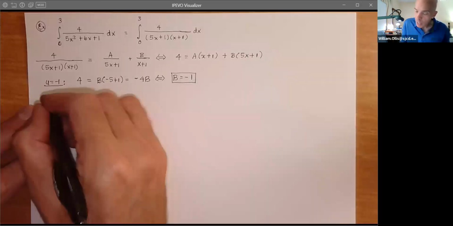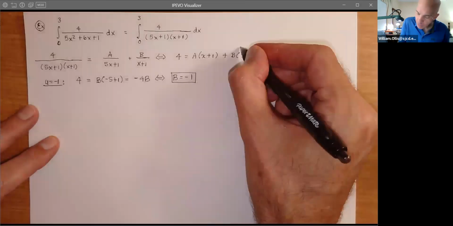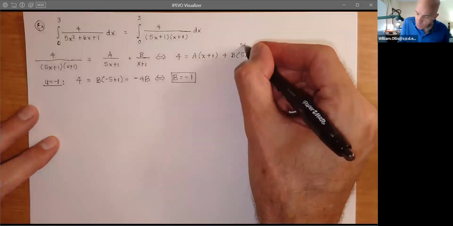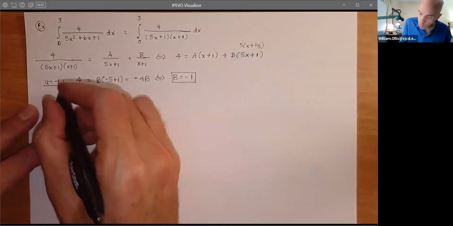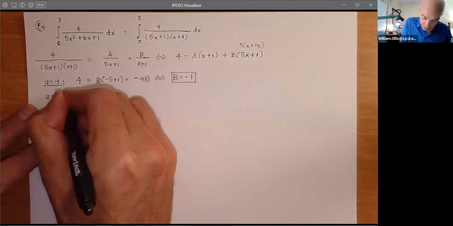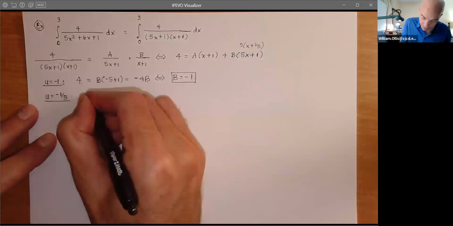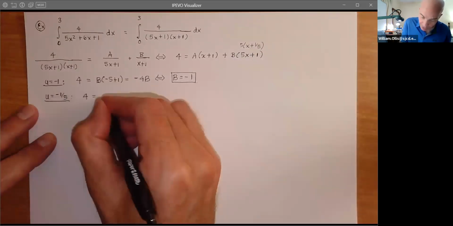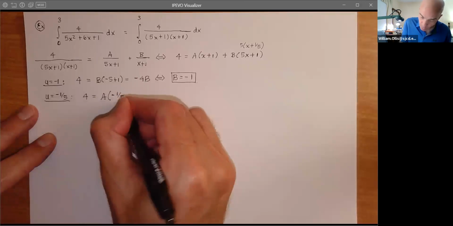Now over here, again, just think about this. This is just 5 times x plus 1/5. So we can do -1/5 to absorb that. So x equals -1/5. So we have 4 equals a times -1/5 plus 1.